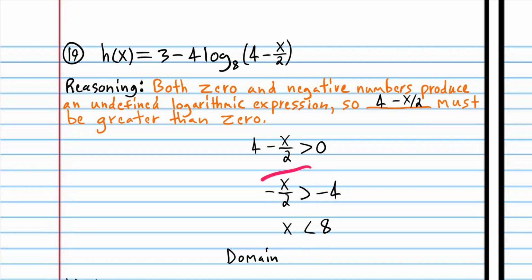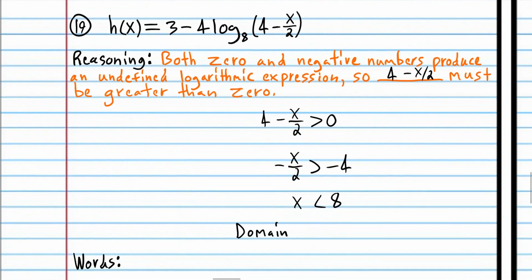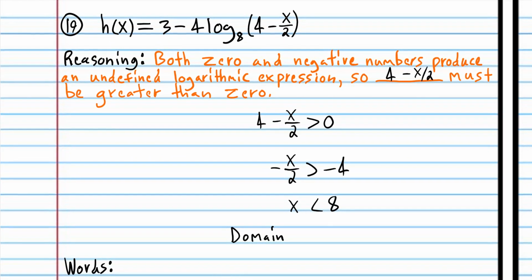When you multiply or divide both sides of an inequality by a negative number, you flip the inequality. Here it was greater than, but then it became less than. So we flip the inequality. Again, when you multiply or divide both sides of an inequality by a negative number, you have to flip the inequality symbol.